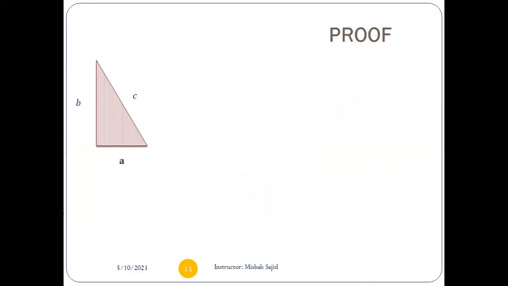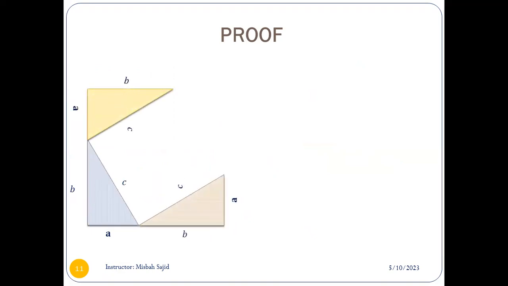Now I am going to join these right angle triangles in such a way that they make a square. So this becomes a square.